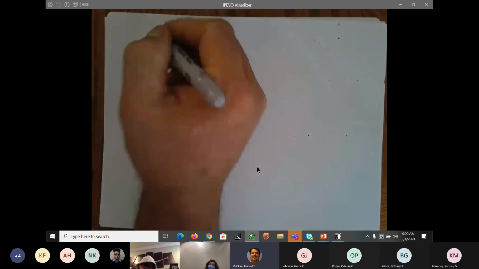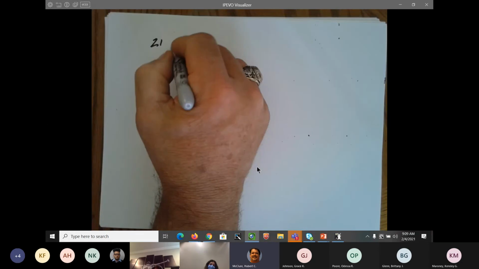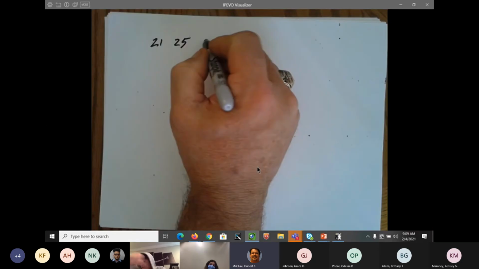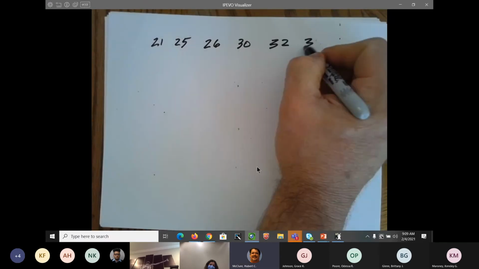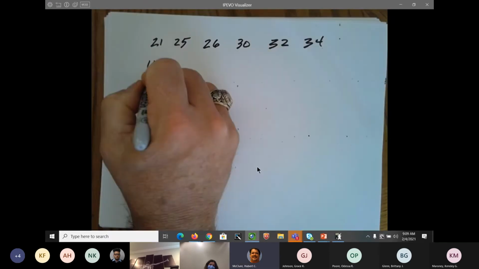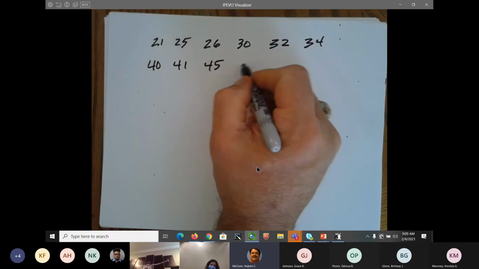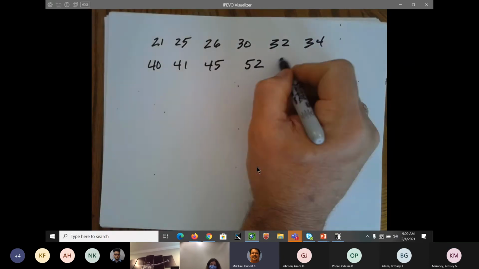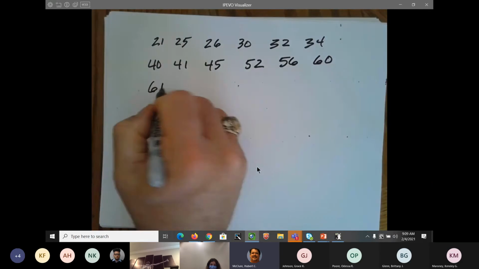the following values: 21, 25, 26, 30, 32, 34, 40, 41, 45, 52, 56, 60, and 61.